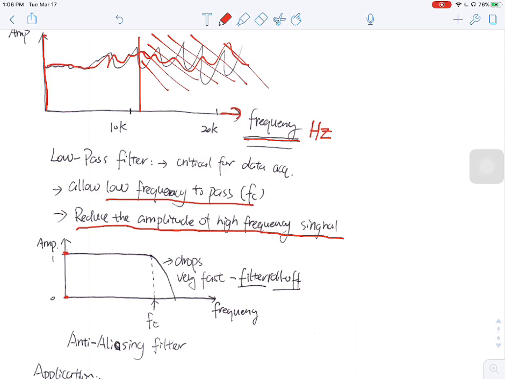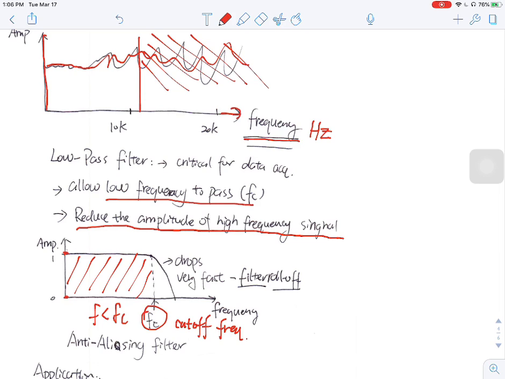FC represents the cutoff frequency. If the frequency is smaller than the cutoff frequency, that's here, it keeps the 100% amplitude of the signal. So it just records whatever is there, doesn't change anything.